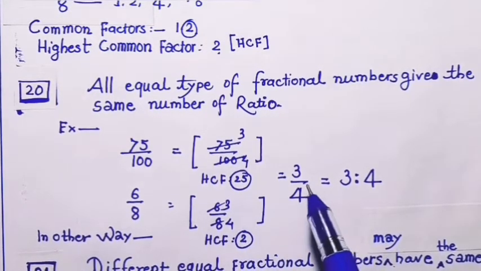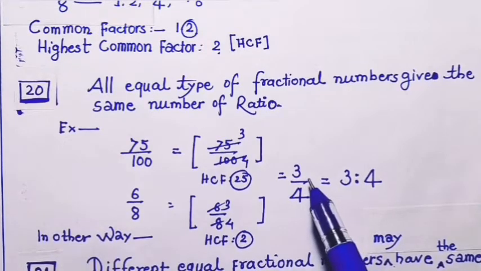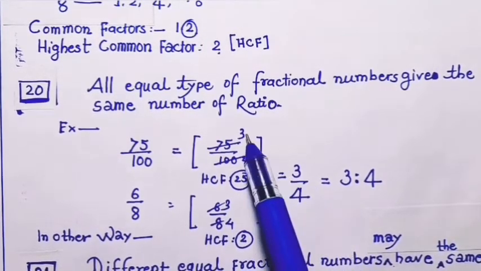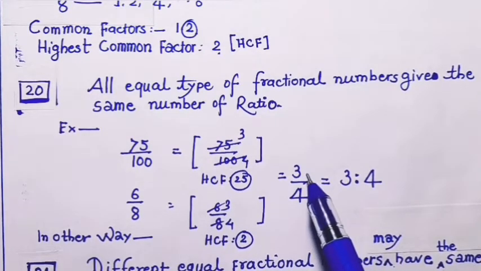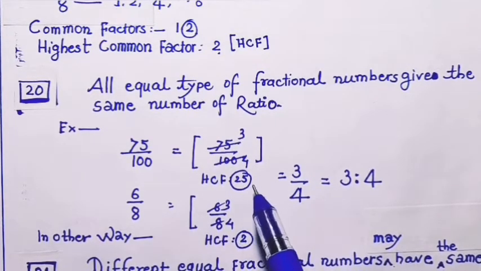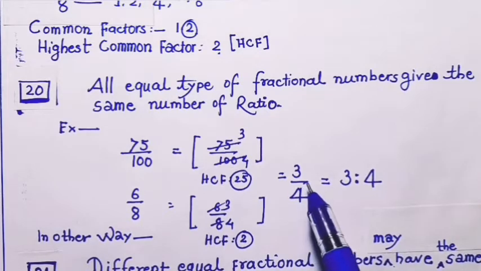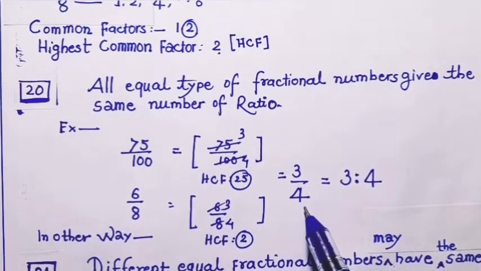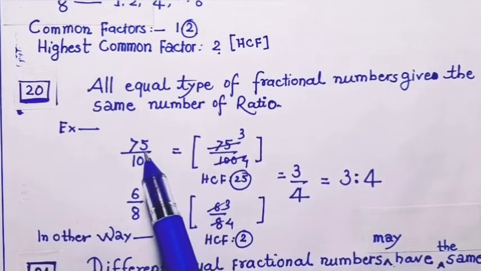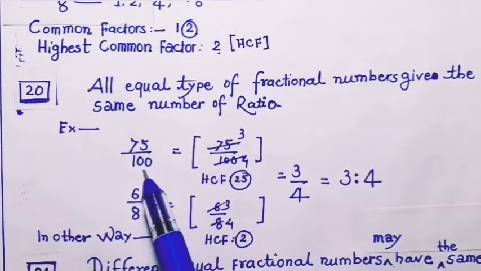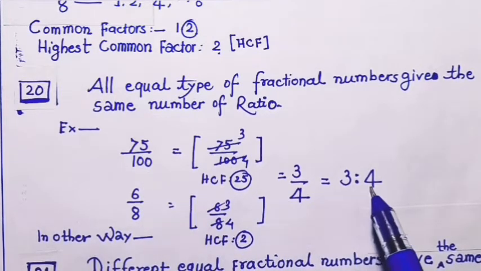So the new numbers we get are 3 and 4. After that we write these numbers in this way in the simplest form. So the ratio of 75 by 100 is 3 to 4.